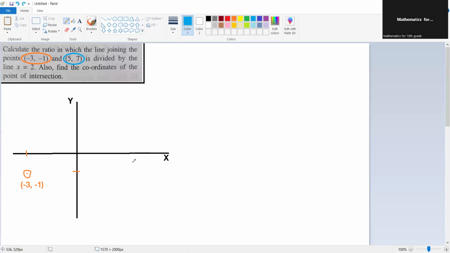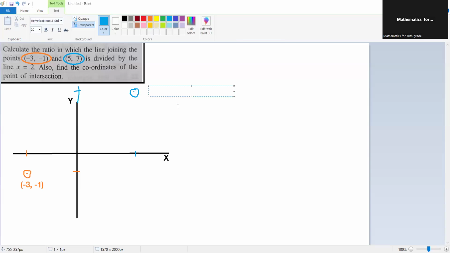It's not completely to scale because of the limitation of space, but if we extend the y-axis up, 7 would be here. So (-3, -1) and (5, 7). These are the 2 points.